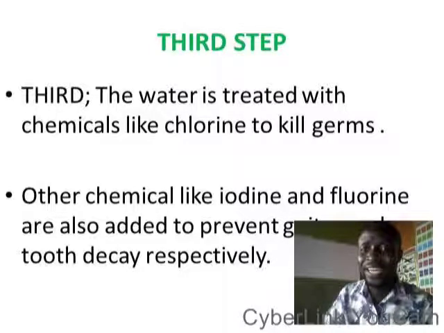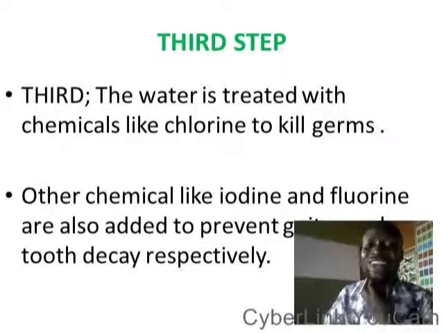Now, other chemicals like iodine and fluorine. Iodine will prevent goiter. Goiter is swelling in the throat, the respiratory tract being swollen and protruding out of the neck.